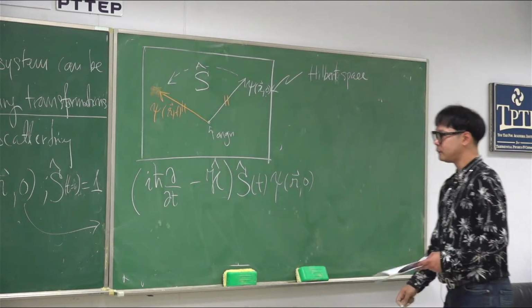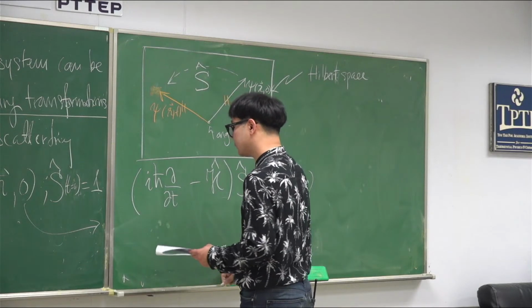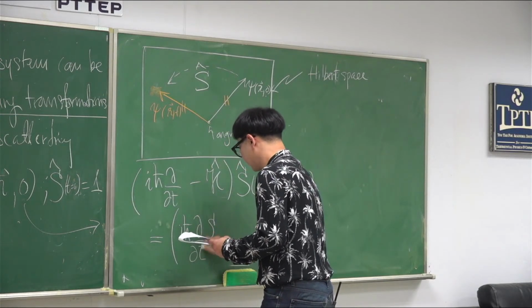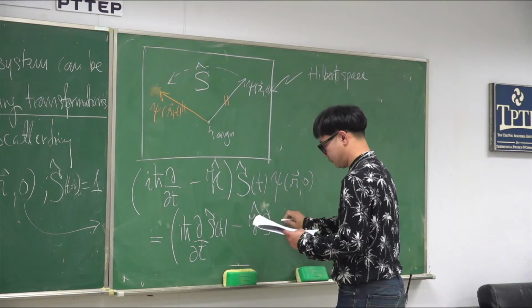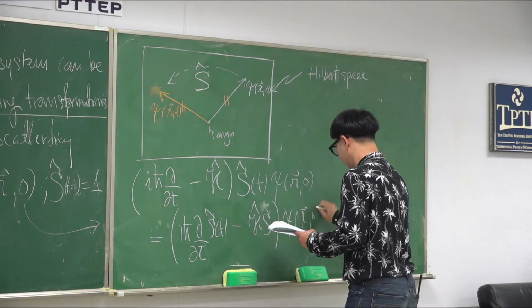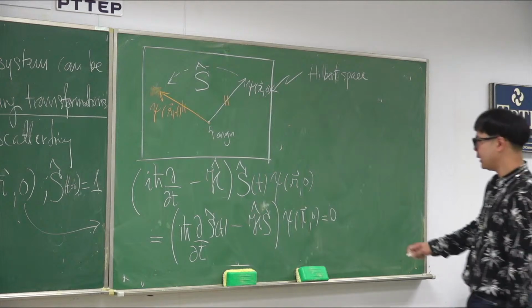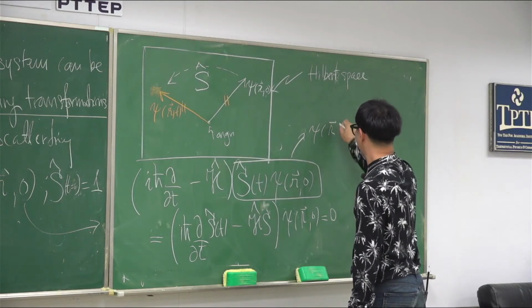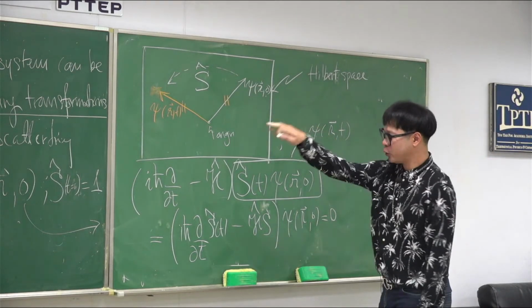You have an equation for this state, and then you use that transformation.